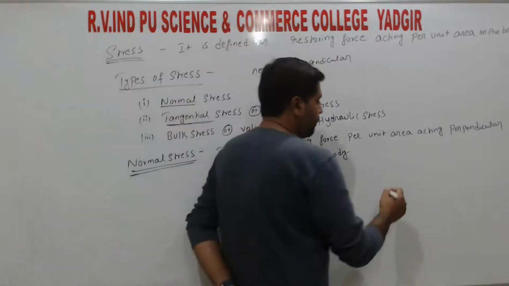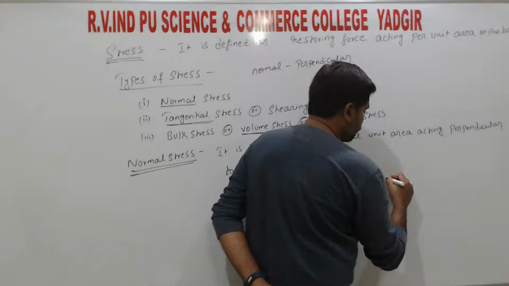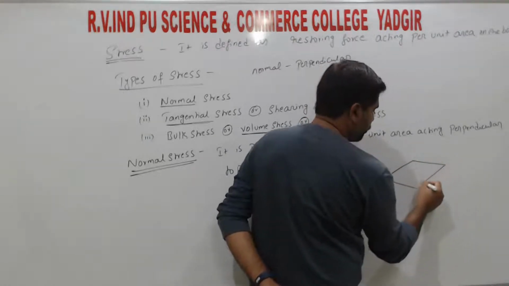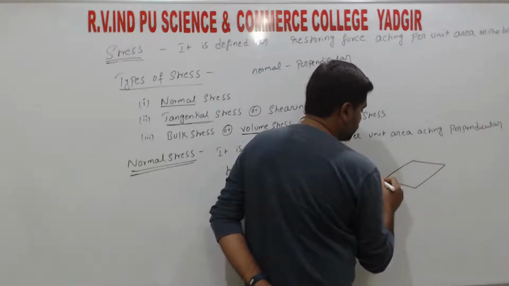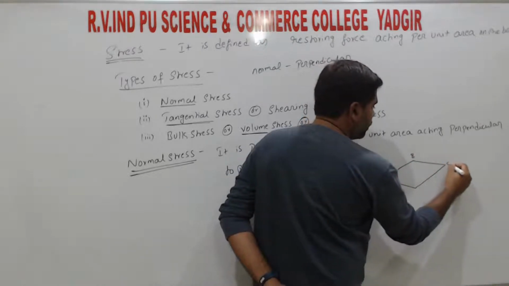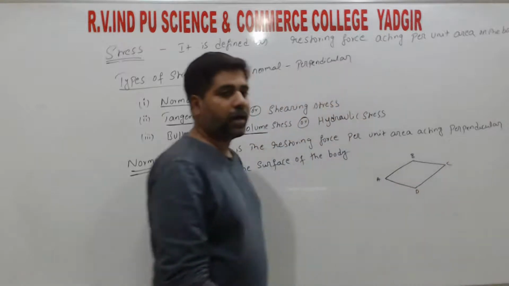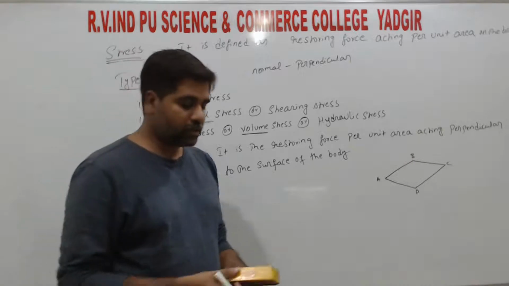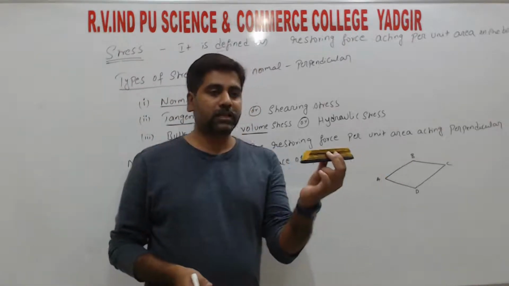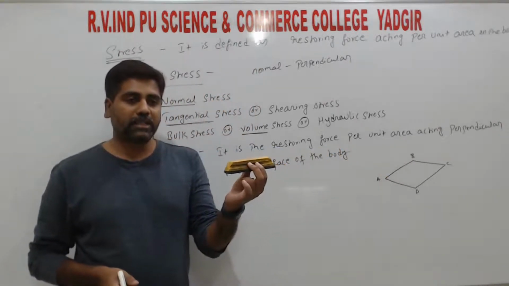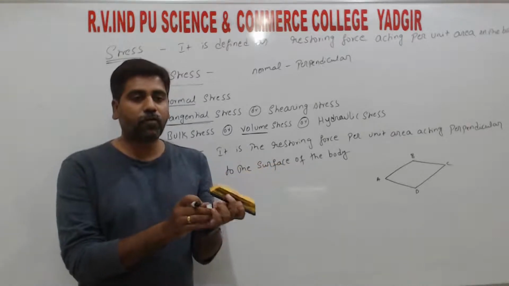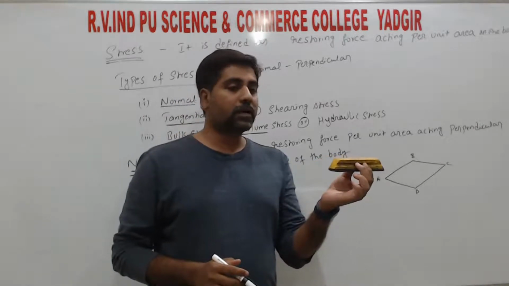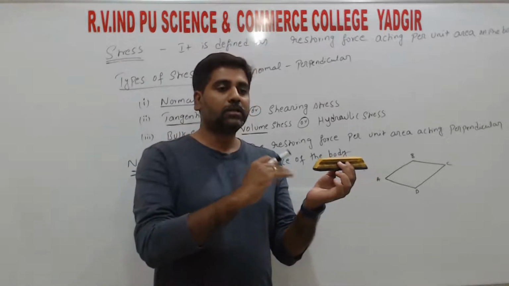So for this, consider ABCD as one surface, right? For example, if I consider this duster as one material or rigid body, the force is acting onto this body in such a way that the force is perpendicular to the surface area.